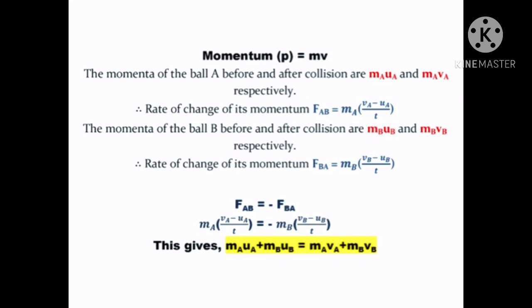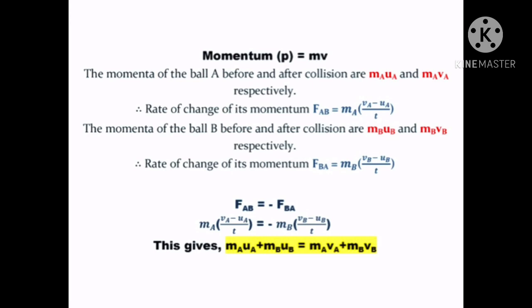Therefore, the momentum of ball A before and after the collision are MA times UA and MA times VA respectively. Therefore, the rate of change of its momentum FAB equals MA times (VA minus UA) divided by t.